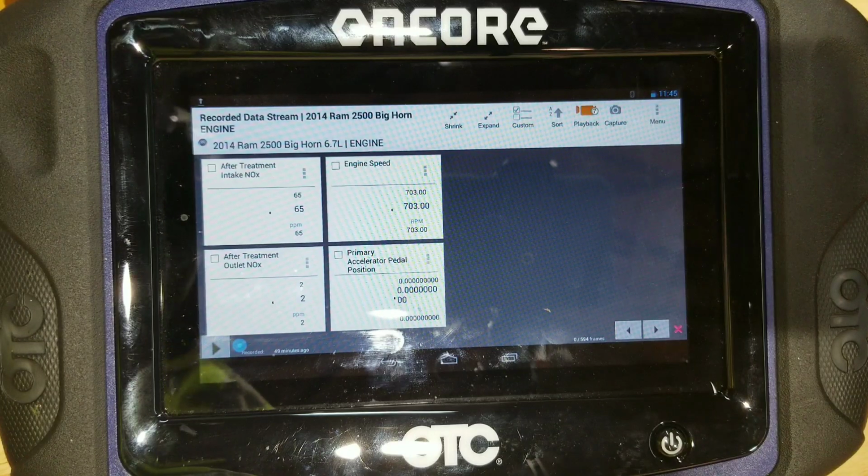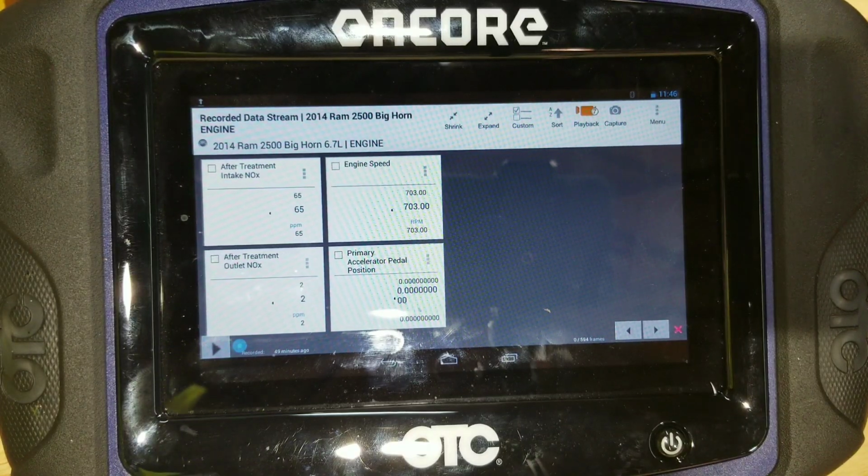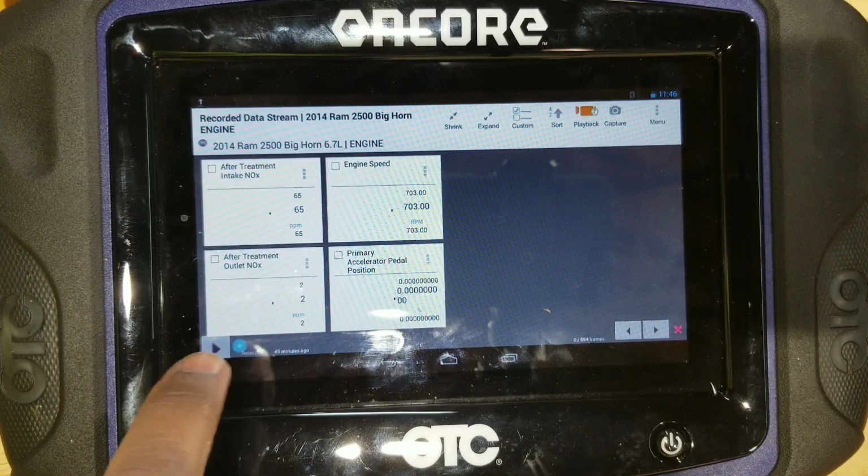A few moments later. So I just got back from the test drive after replacing the rear NOx sensor in the back of the SCR, the selective catalyst reduction converter, and it looks like it is working now.